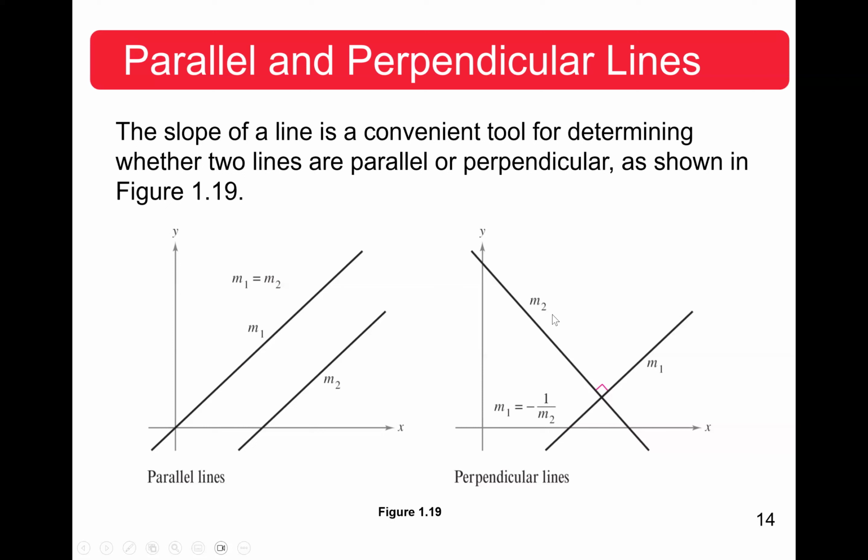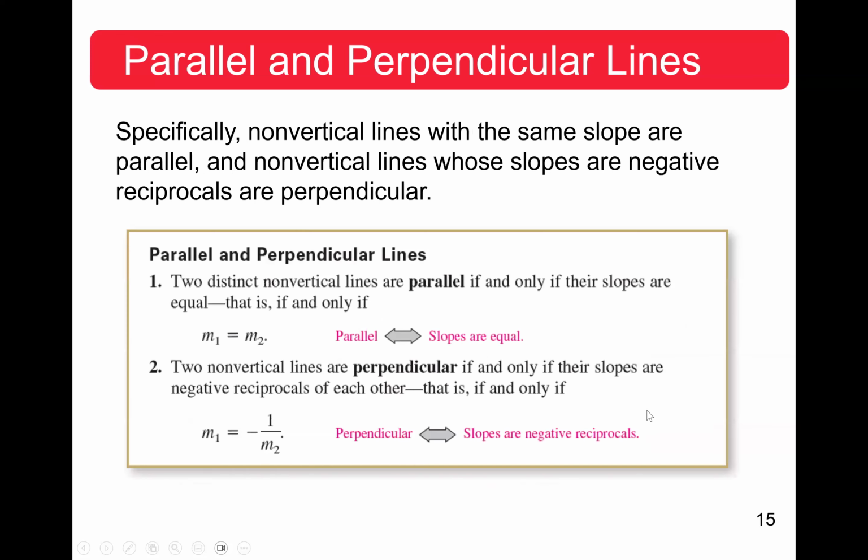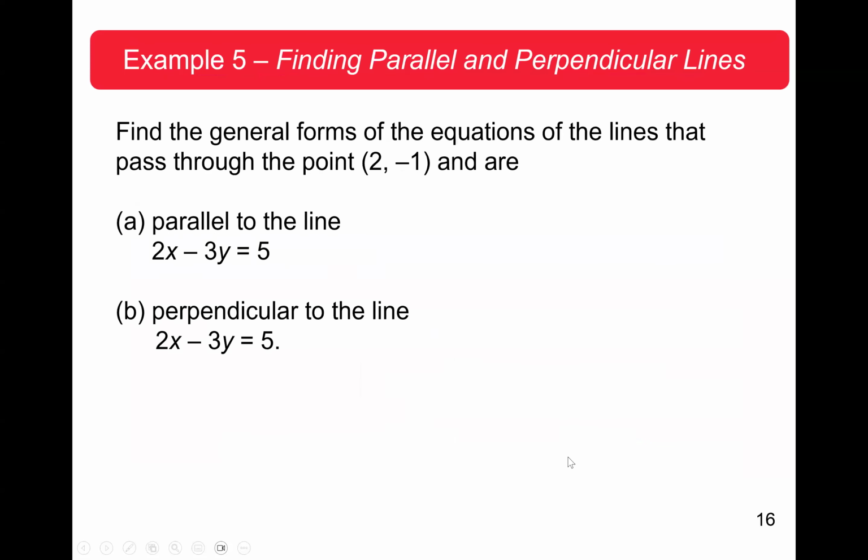What we mean here is that if the slope m1 is 3, then the slope m2 will be negative 1 over 3. Okay, so that's the theory again. 2 lines are parallel, m1 equal to m2. If they are perpendicular, m1 equal to negative 1 over m2. Perpendicular means the 2 lines intersect and form a 90-degree angle.